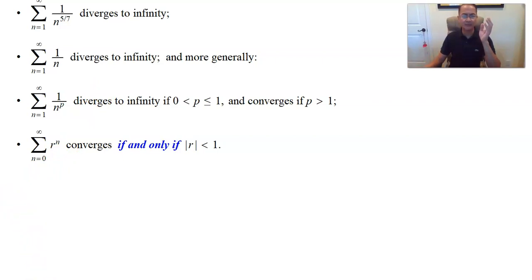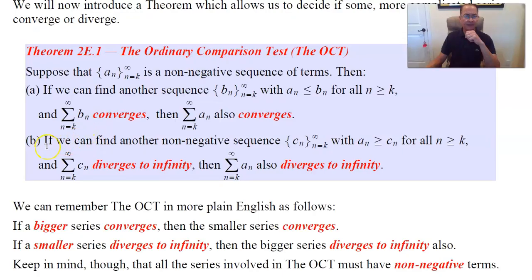Maybe we're actually in part B. Let's check. Are we in part B? If we can find another sequence, also non-negative, which is this time smaller, no, the 1 over n to the 5 over 7 is bigger. So we are neither in part A nor in part B. We're in limbo. That inequality does not help us, so we have to think of something else.